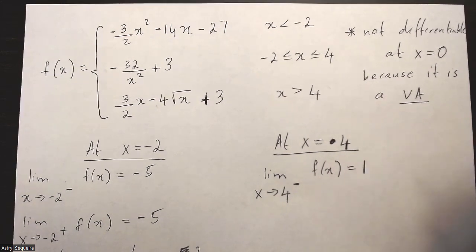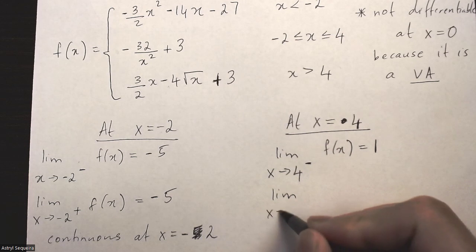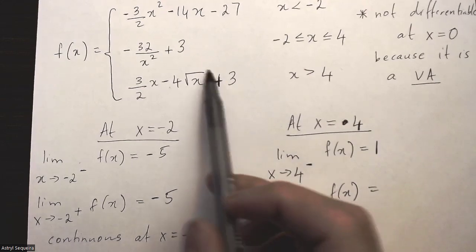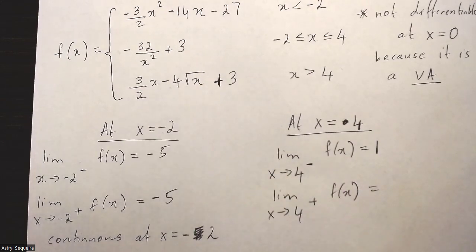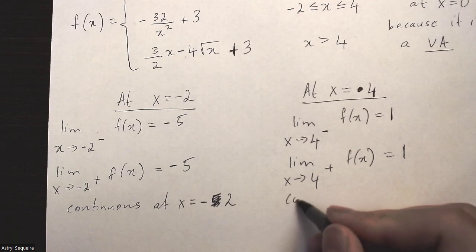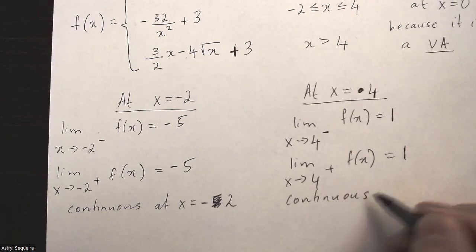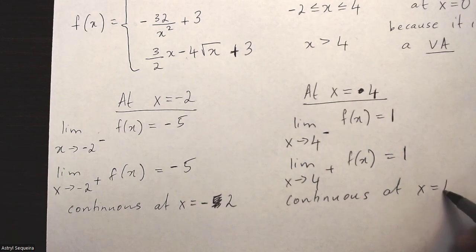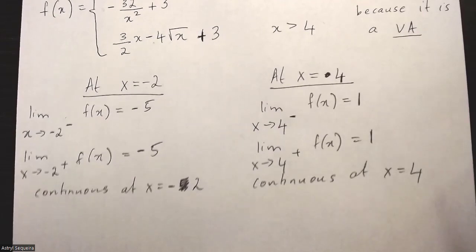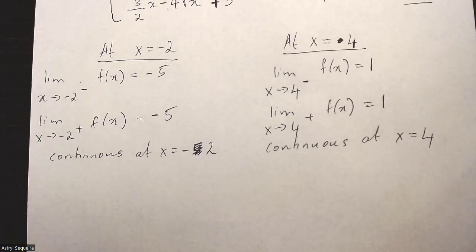I get +1. Then I'll do the limit as x approaches 4 from the positive side. It's basically subbing 4 into this equation over here. And I also get +1, which means the function is continuous at x equals 4 as well. So both our meeting points are continuous, which means we've got to test for differentiability now.